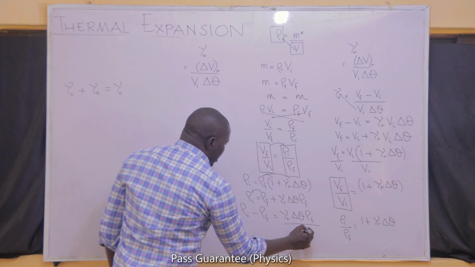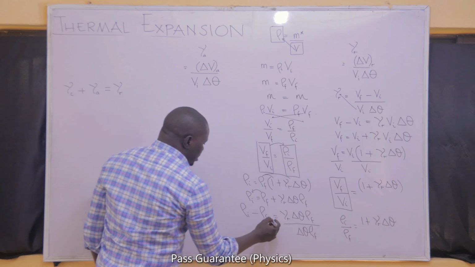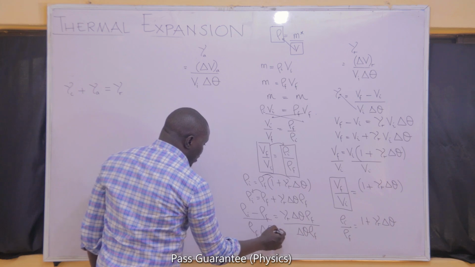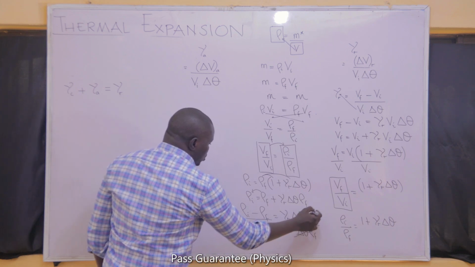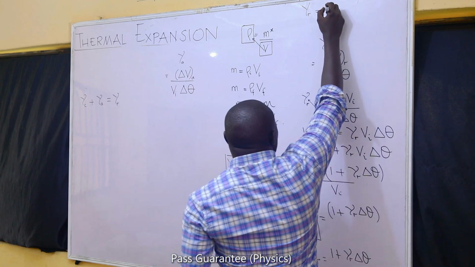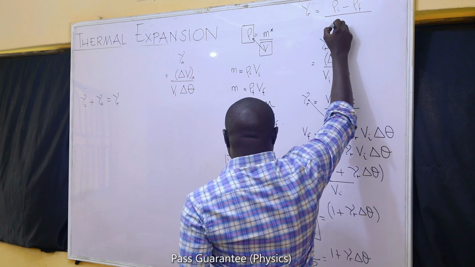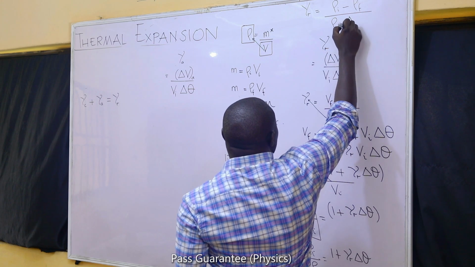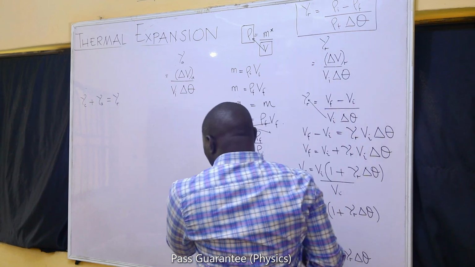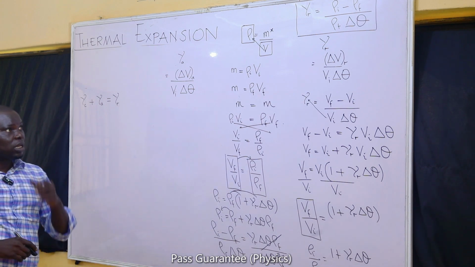If we divide both sides by the change in temperature and the final density, we should have an expression that looks like the real cubic expansivity is also going to be rho I minus rho F all over rho F multiplied by change in temperature. And this is another formula that we can use to find the real cubic expansivity.